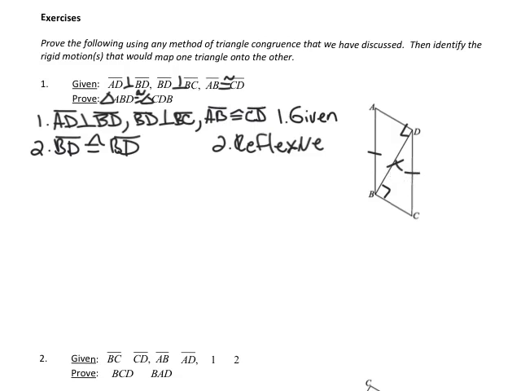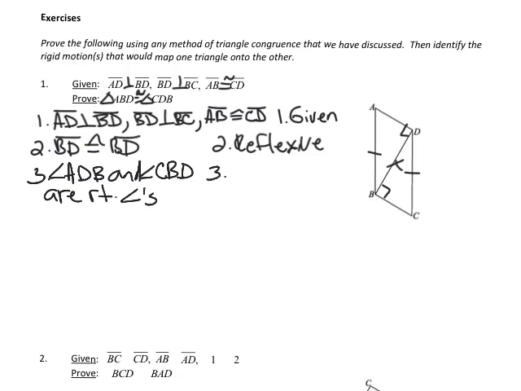We start with perpendicular lines, and we say those right angles are right angles. So angle ADB and angle CBD are right angles.